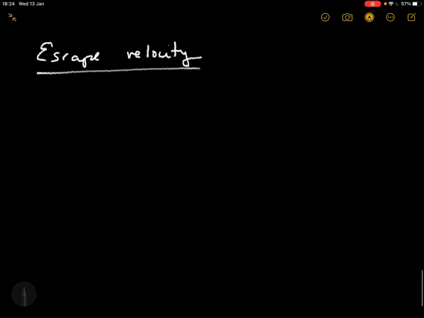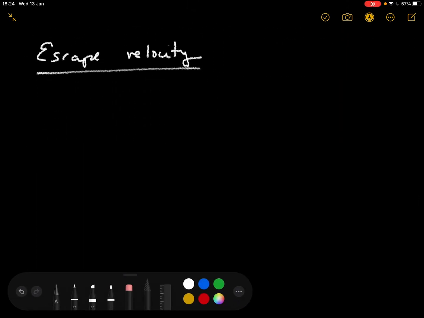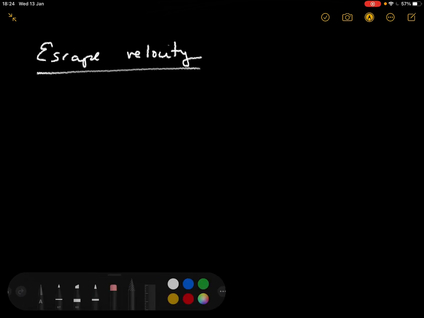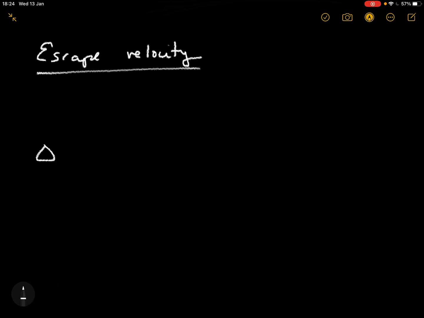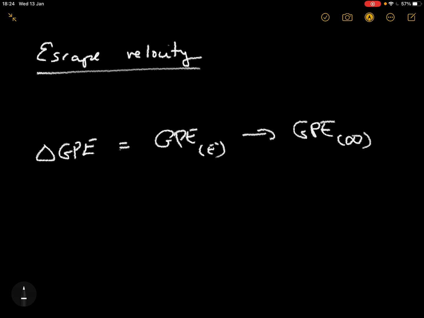So what we can do there is look at what this means. Given that we're moving something, we've got our change in GPE. We need to know the difference in the GPE at the Earth to the GPE when we are infinitely far away.